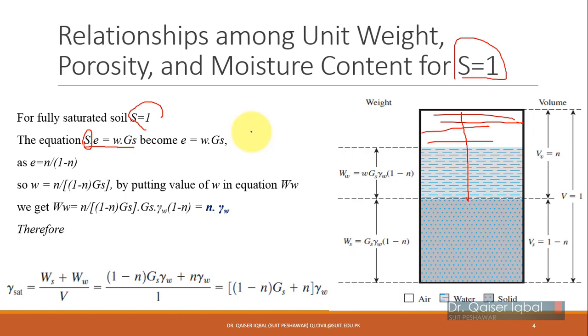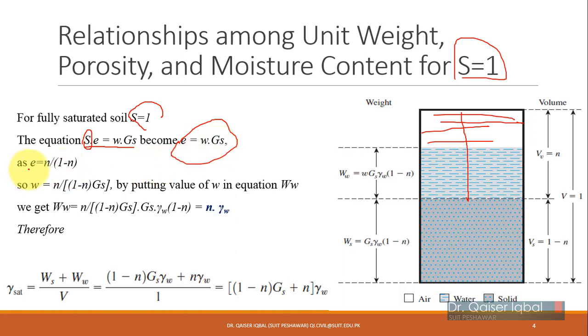Obviously, S is equal to the volume of water divided by the volume of voids, and the volume of voids and volume of water are the same because all the voids are filled with water. So S will be equal to 1, as we discussed in the previous lectures. So e, the void ratio, is equal to moisture content times specific gravity.